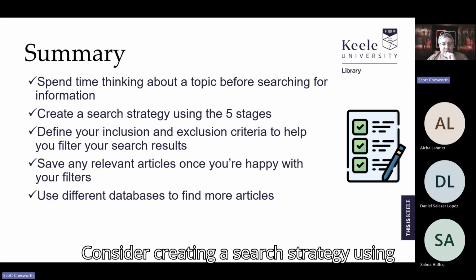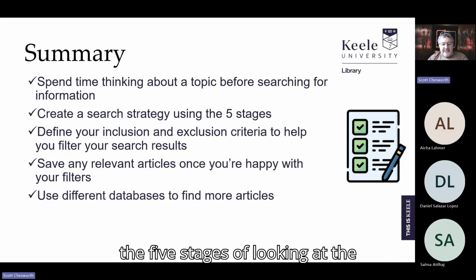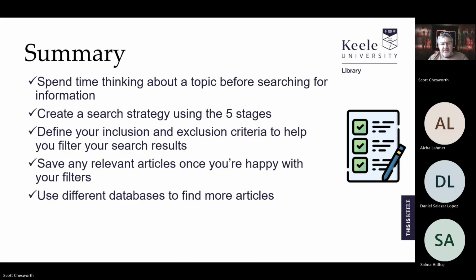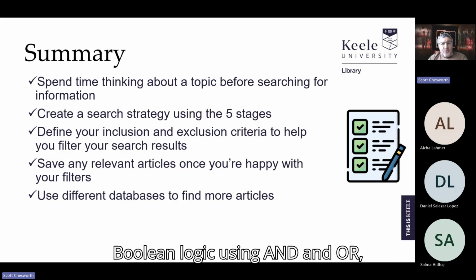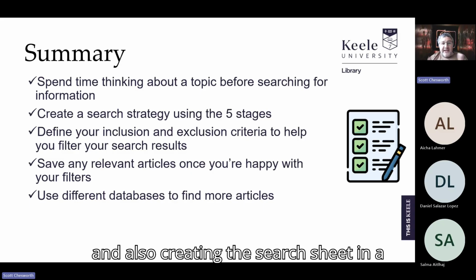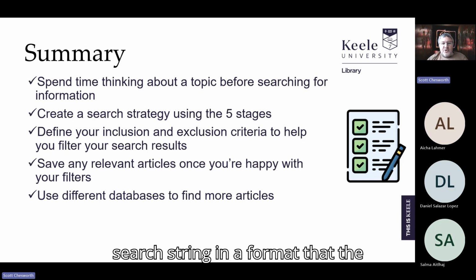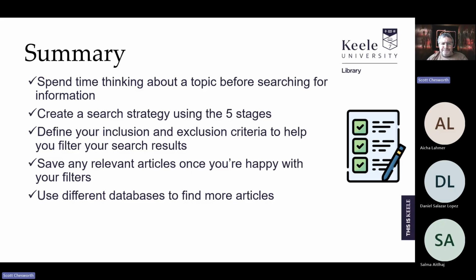Consider creating a search strategy using the 5 stages of looking at the question, identifying the additional keywords, applying special techniques like truncation and phrase searching, applying Boolean logic using and or, and also creating the search strategy in a search string in a format that the database will understand.